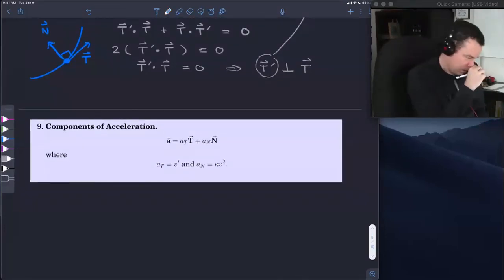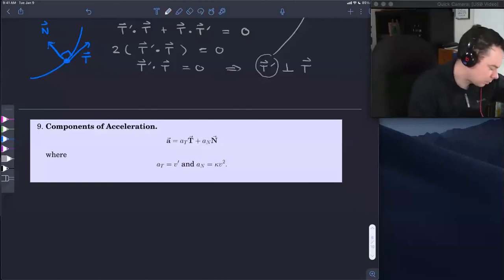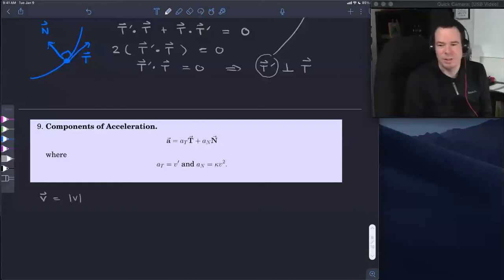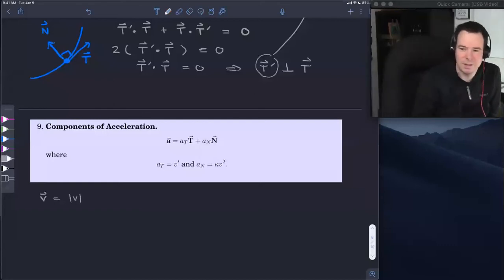So how does acceleration break down? Well, let's work out what it is. Maybe I should say what's written here: the components of acceleration. This tells us that the acceleration vector can always be written as a linear combination of the tangent vector t and the normal vector n.